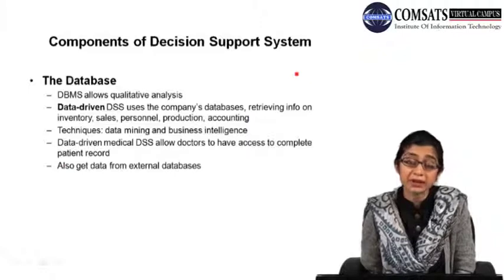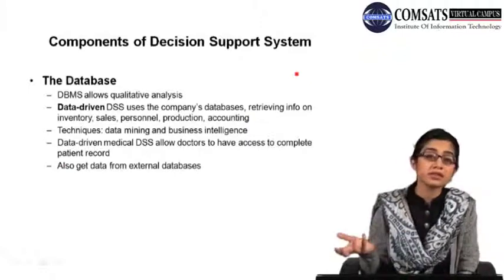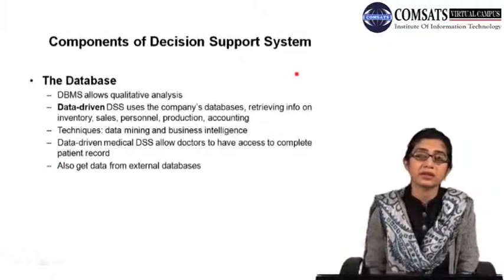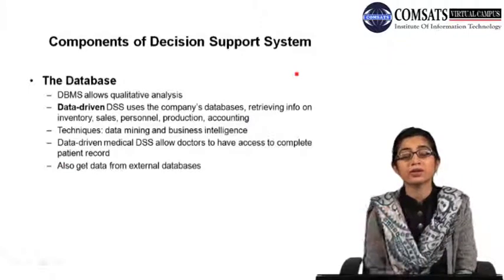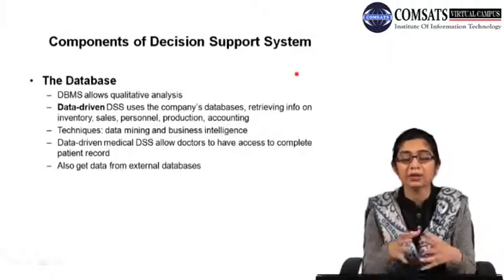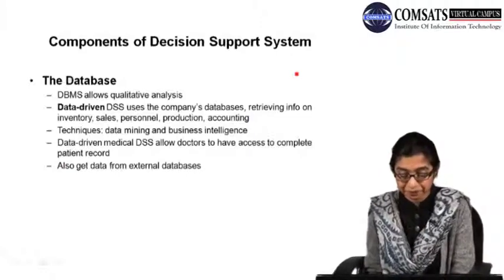Now these kinds of databases, like I said, take data from external sources such as the internet as well as the corporate intranet. So bringing information from different networks and through the internet and combining it, they help in the decision making process.